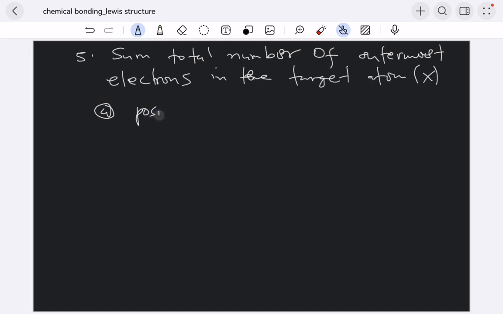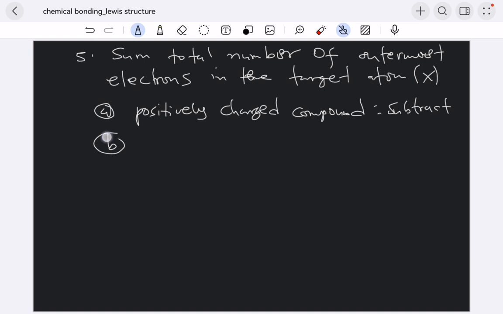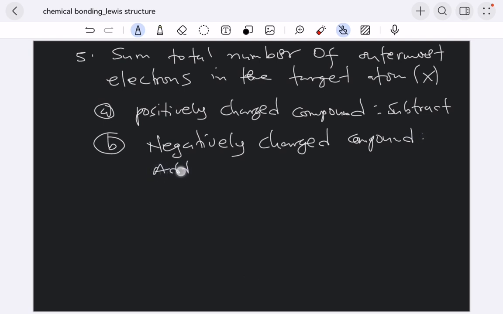A, if you are dealing with a positively charged compound, I will give more examples, we subtract. Then B, if we are dealing with a negatively charged compound, we add to the sum.